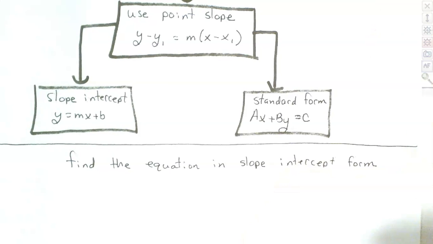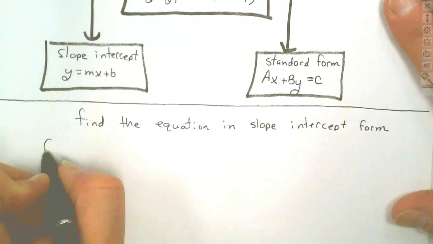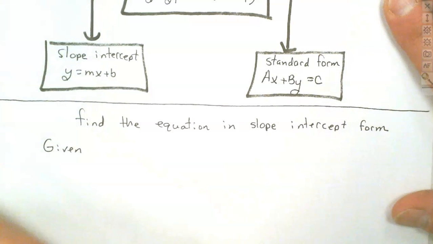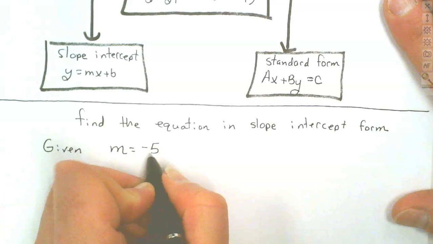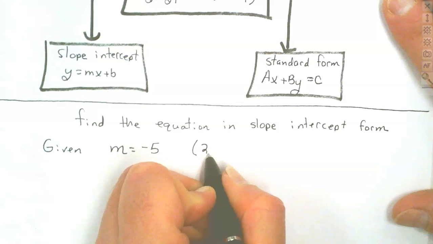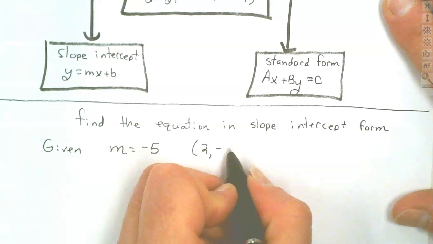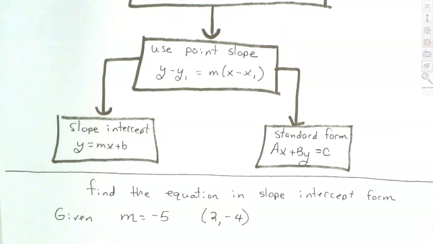So we're going to try to find our equation in slope-intercept form. And let's say we're given a slope of -5, and we're given a point that is 2, -4. So I'll give you a minute to get everything written down here. If you need to, move this up so you can see the rest of this flow chart.